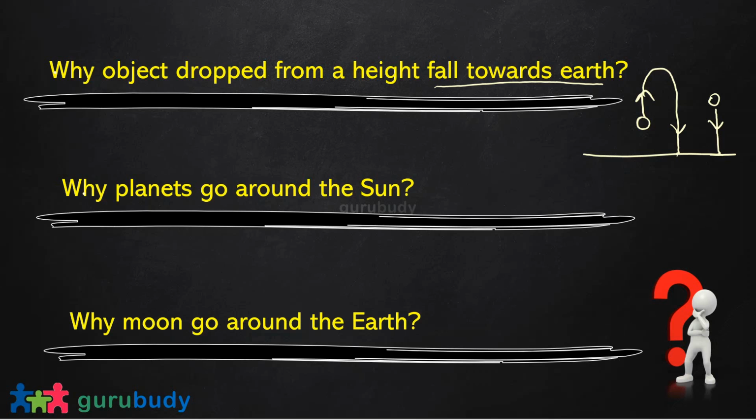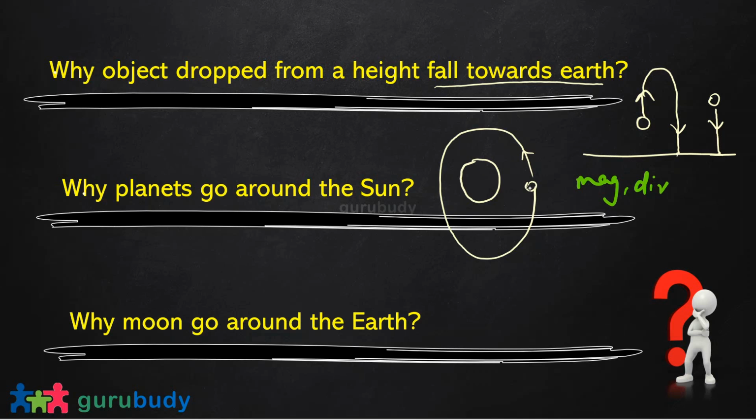Similarly, one more question. We know all the planets in our solar system go around the sun. Let's consider one example where this is the sun and this is the Earth, and as the Earth revolves around the sun, its velocity is changing, right? Because velocity has both magnitude and direction.